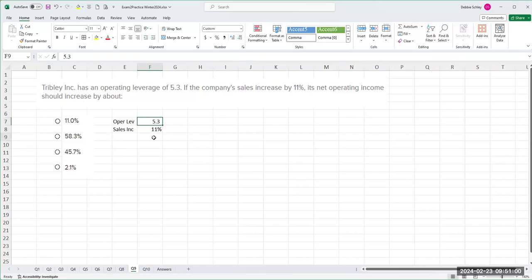So the definition again of operating leverage is how much faster net operating income increases according to how much sales increase. So in this case, our net operating income is going to increase 5.3 times faster than sales increase. So I will take my operating leverage times my increase in sales for a percent increase of 58.3%.